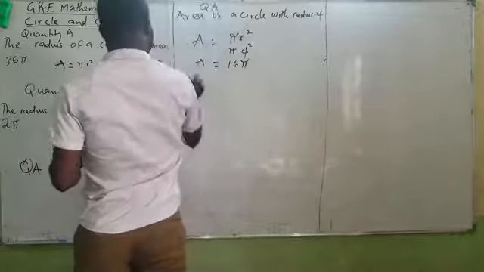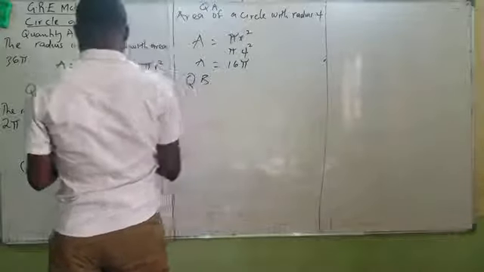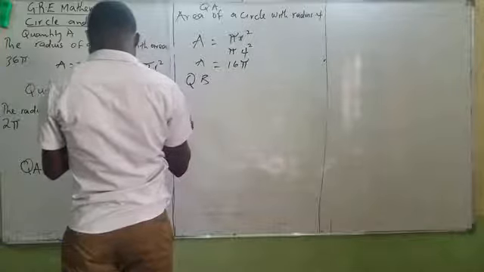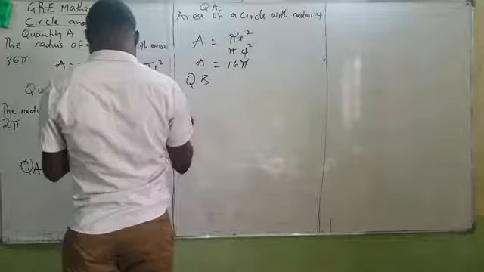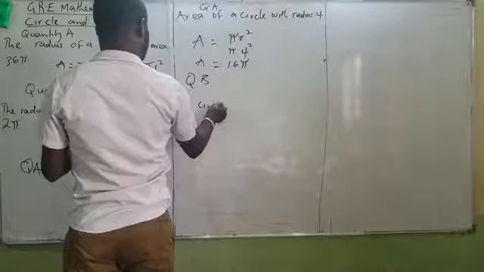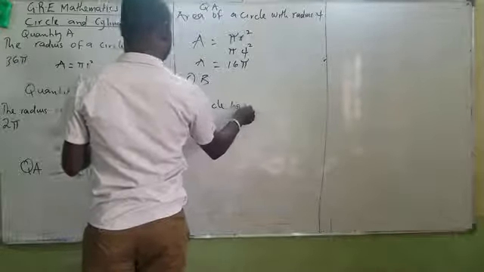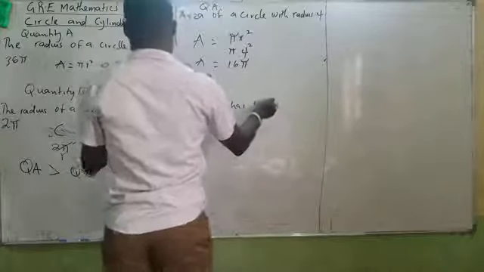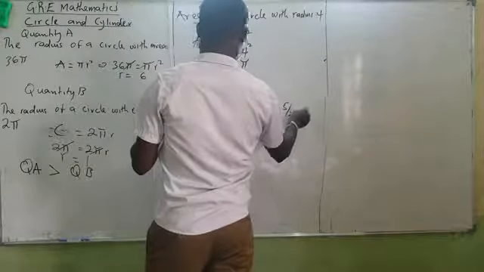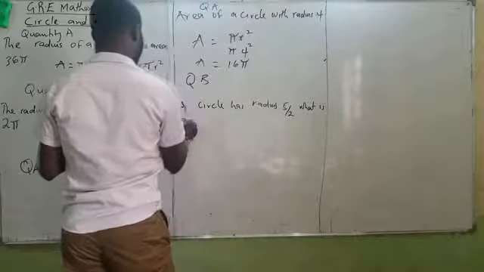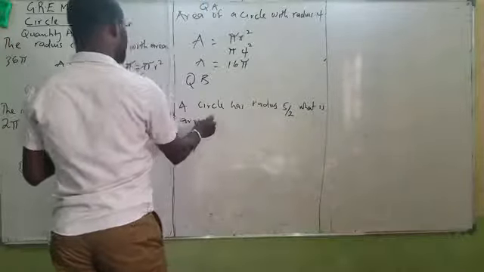Now, quantity B, let us know that a circle has radius 5 over 2. What is the area?